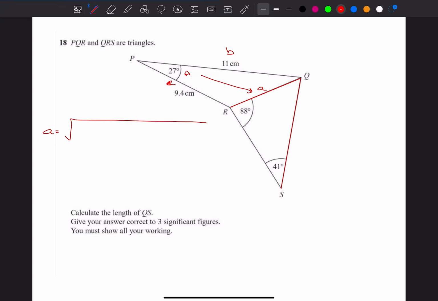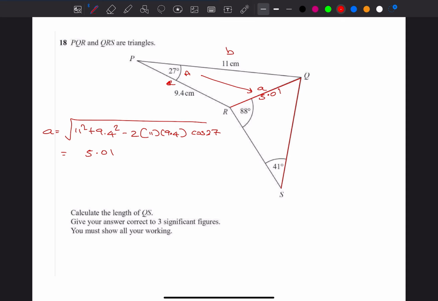Square root of b squared plus c squared, 11 squared plus 9.4 squared, take away 2bc, 2 times 11 times 9.4 cos 27, which makes it 5.01. So that is 5.01 length.